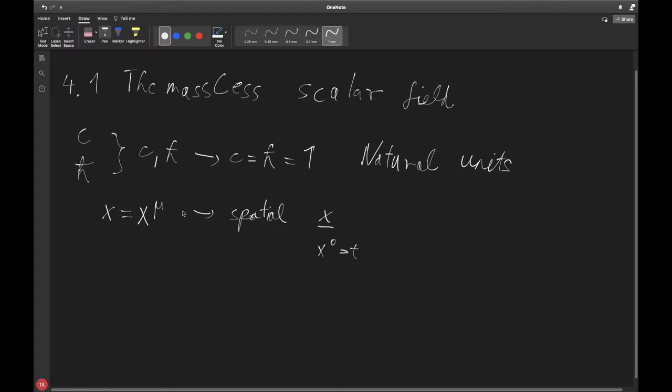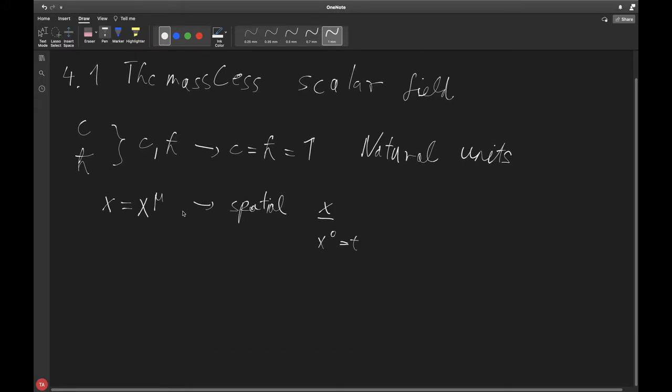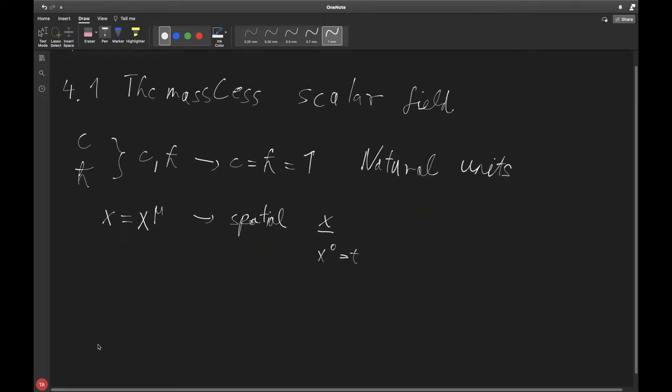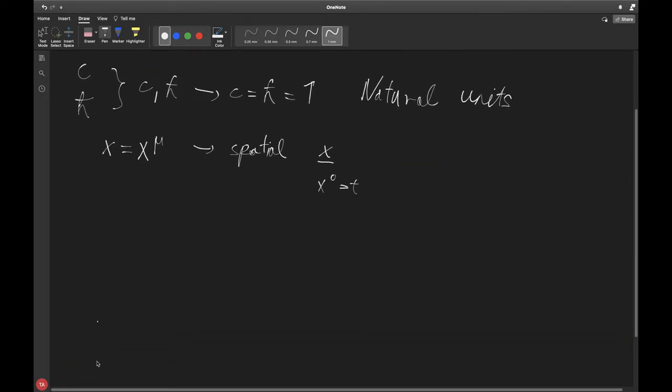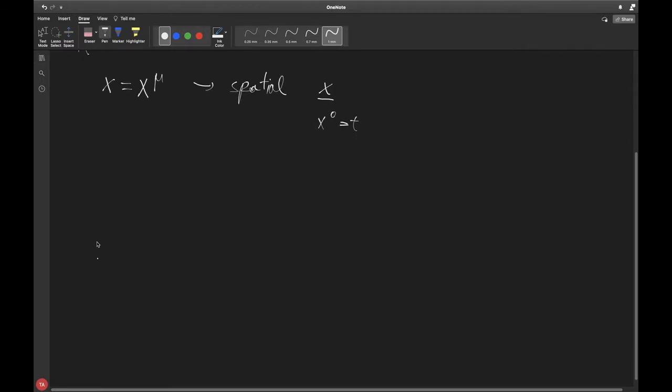Okay, so let's jump into the massless scalar field. So first of all, what does this really mean? We were discussing that fields are essentially mappings between two things, the space-time and the field itself. So the scalar field is going to be denoted with phi, and the phi maps something from the x, which, as you remember, is space-time.